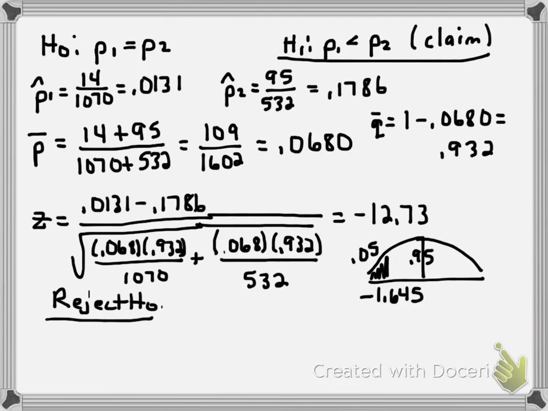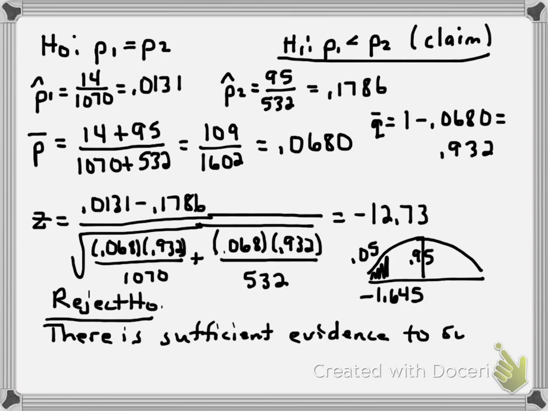So that means there is sufficient evidence to support the claim that P1 is less than P2.